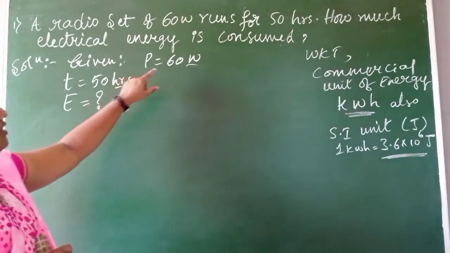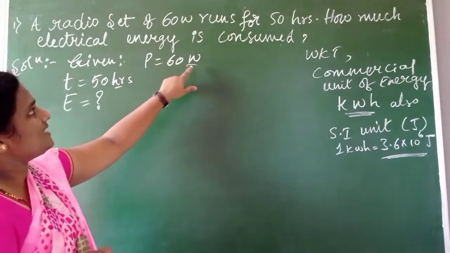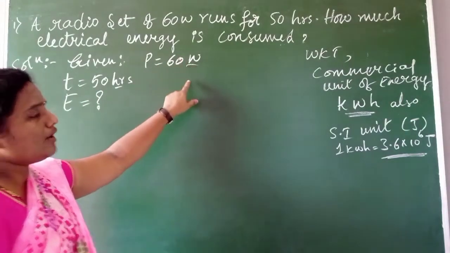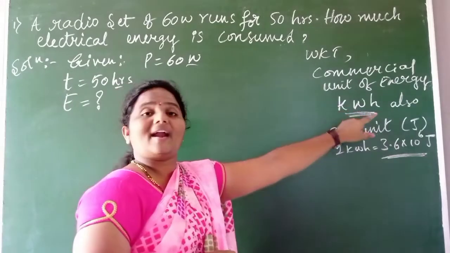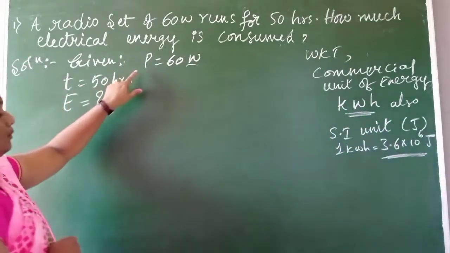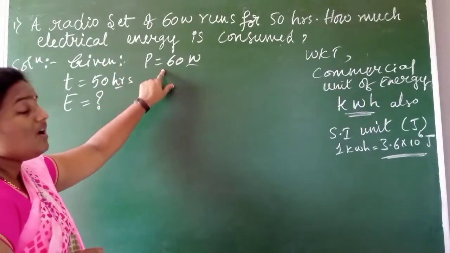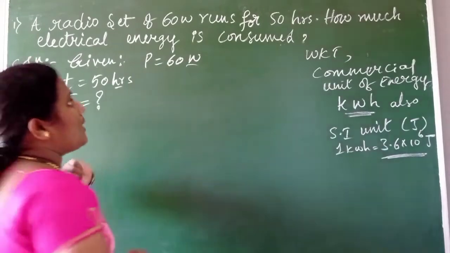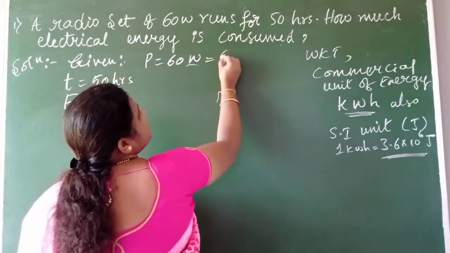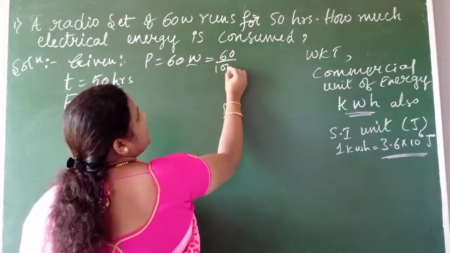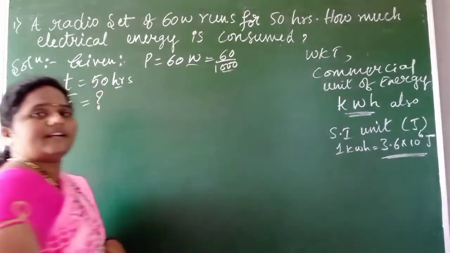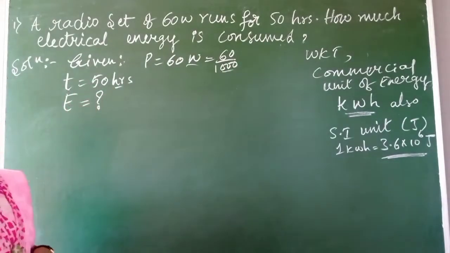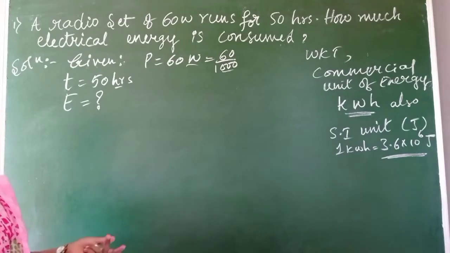Here the P value, power, is given in watts. So in order to get the commercial unit kilowatt hour, we need to convert this power into kilowatts. So 60 divided by 1000 we can write. You may ask how this 1000 comes, because kilo is nothing but 10 to the power of 3.